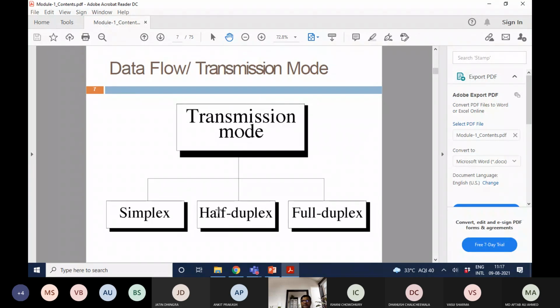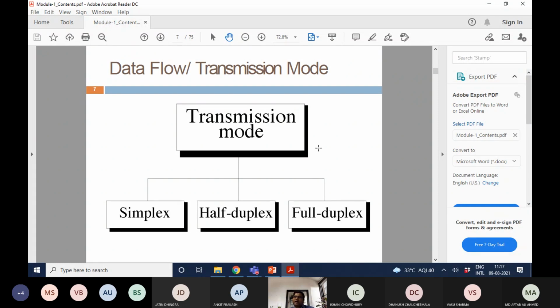For full duplex communication, you can take the example of our normal telephone conversation. During a telephone conversation, two persons can talk at any time. Nobody has to say "I will talk first and then you." Everybody can talk at any time. So that is the example of full duplex communication.